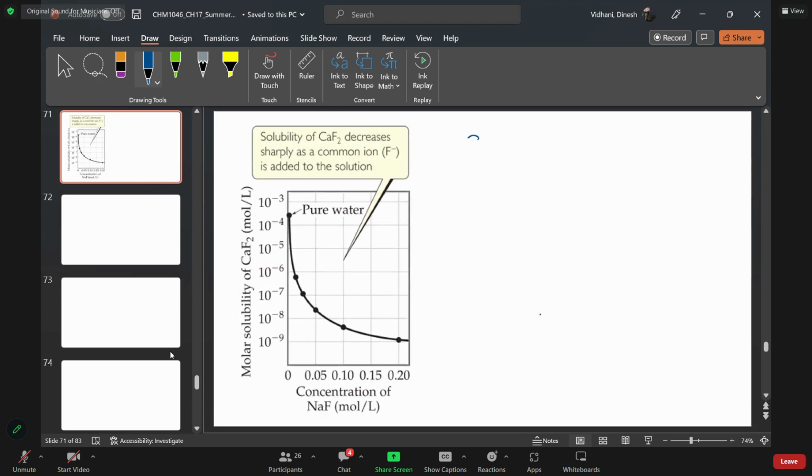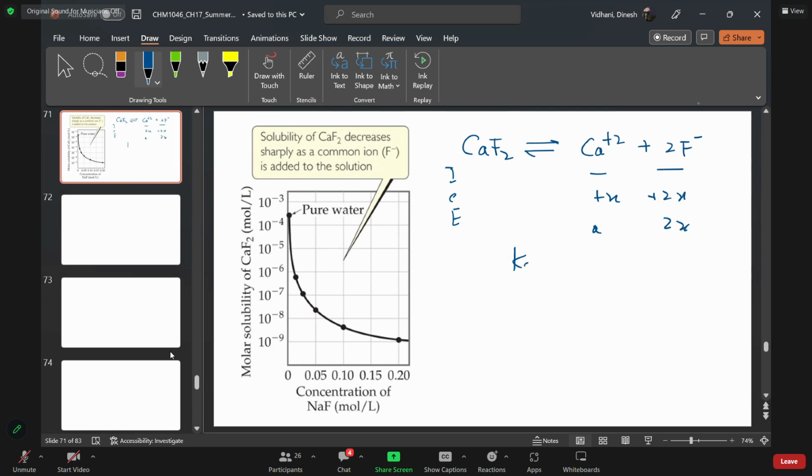Well, it was based on this equation. And if I just write down the ICE table, that's going to be plus x, 2x, x, and 2x.